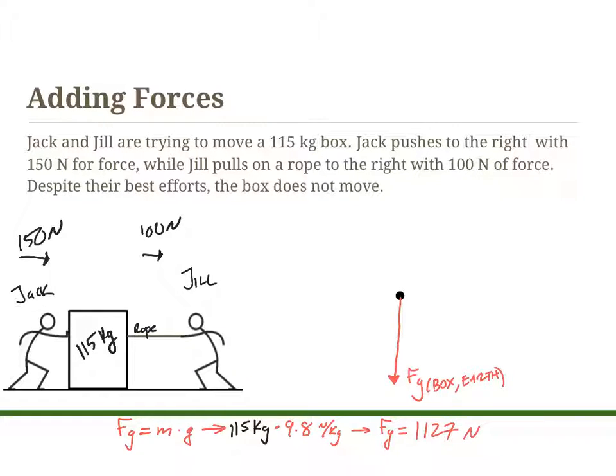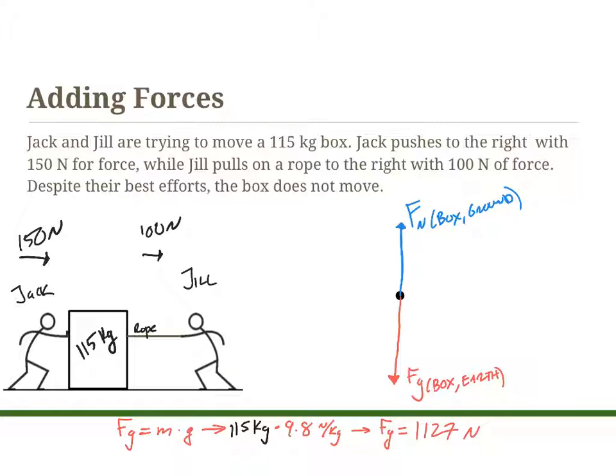We also have a normal force, which is going to cancel that out because they're going to be the same. So force normal is being applied to the box by, in this case, the ground. So far, so good with that.